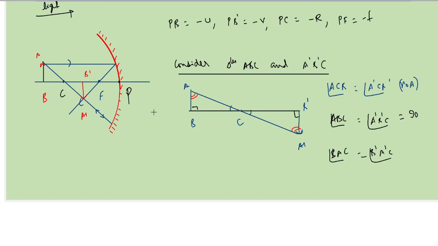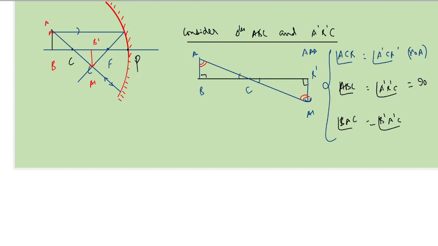So in two triangles, if the three angles are equal, then by the triple A property, that is the angle property, we can say triangles ABC and A dash B dash C are similar triangles.